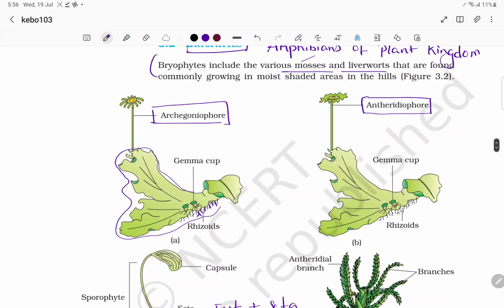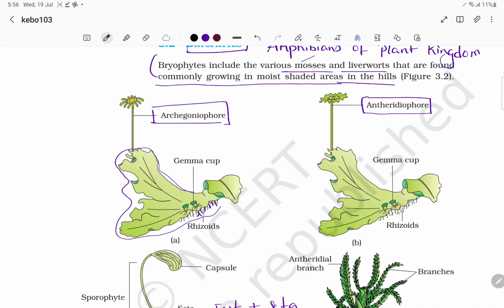So let's start discussing. Why do they call it the amphibians of the plant kingdom? Because they are able to live in water as well as on land. These are the first plants which came to the land, terrestrial, not fully aquatic, not fully terrestrial, commonly growing in moist shady areas in the hills.